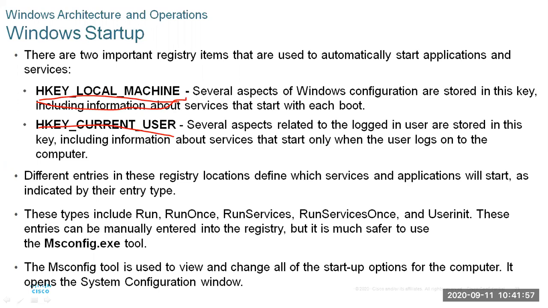Every transaction that is going on in your network goes through these two registries. Several aspects of Windows configuration are stored in this key, including information about services that start with each boot. Those are stored in the HKEY_LOCAL_MACHINE registry.